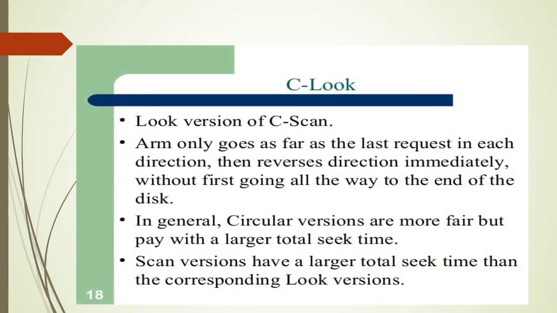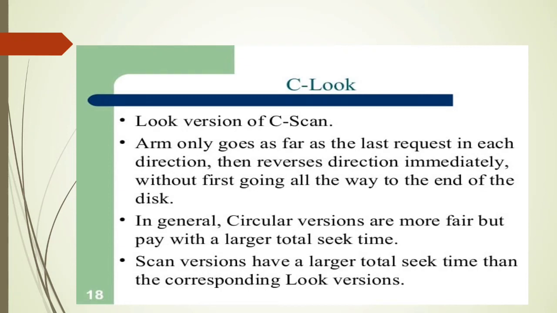Then we have another algorithm called C-LOOK, which is the LOOK version of C-SCAN. In this algorithm, the arm only goes as far as the last request in each direction. Then it reverses the direction immediately.